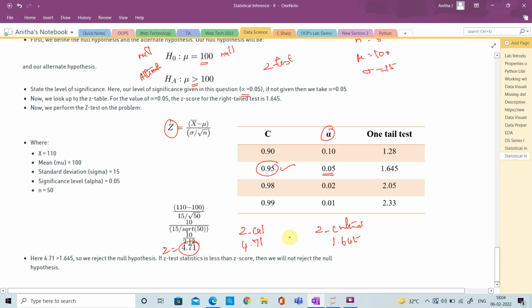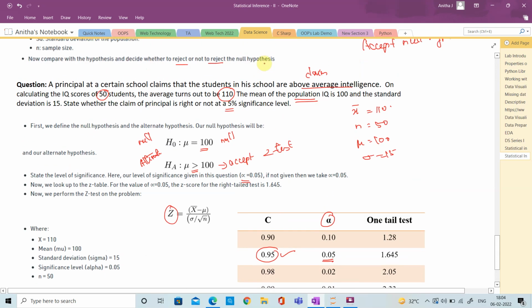If my calculated value is greater than the Z critical value, then I can reject the null hypothesis and accept the alternative hypothesis. So whatever the principal claimed is correct: the school students are above average intelligence. So now I am accepting this claim.